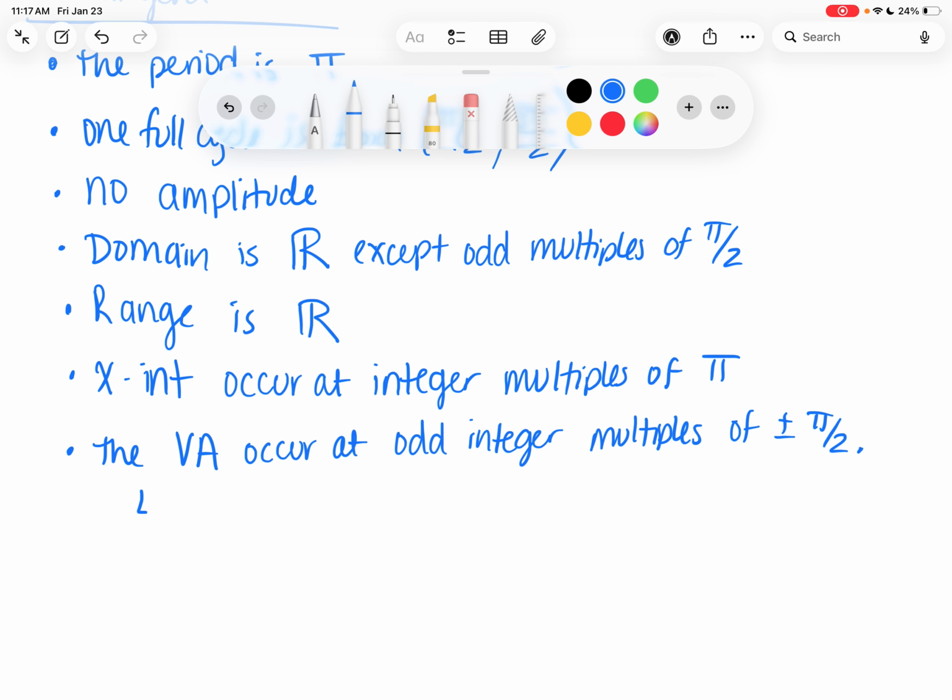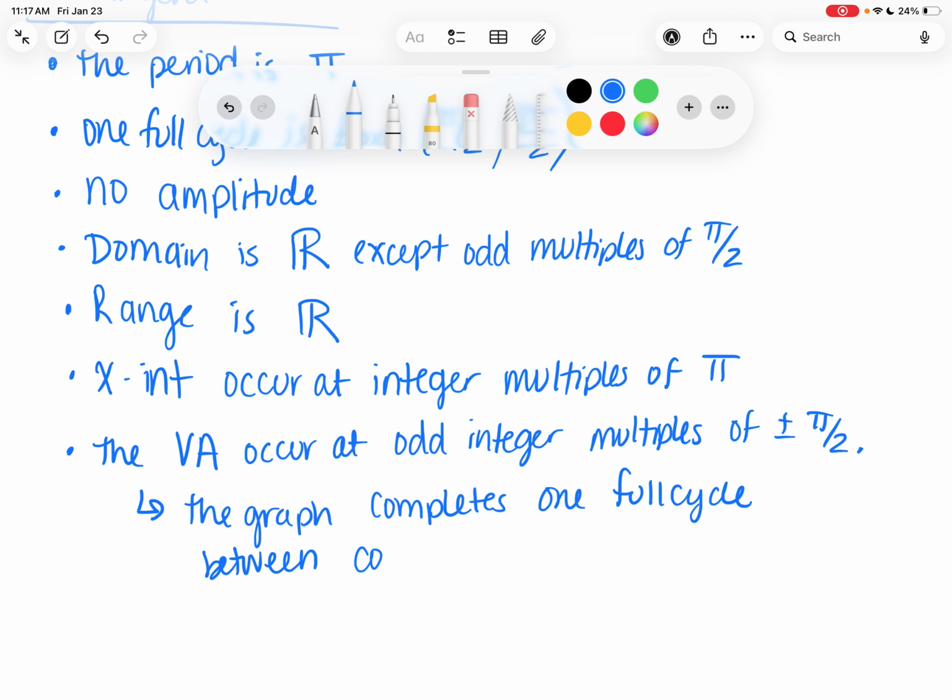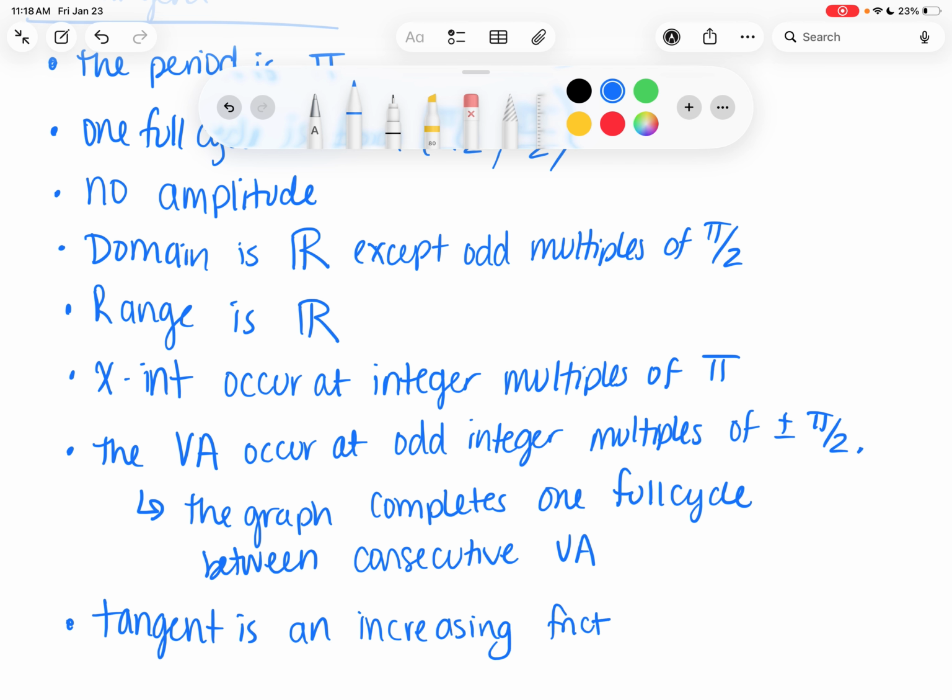And then we'll just say under this, the graph completes one full cycle between consecutive vertical asymptotes. And we'll say tangent is an increasing function.